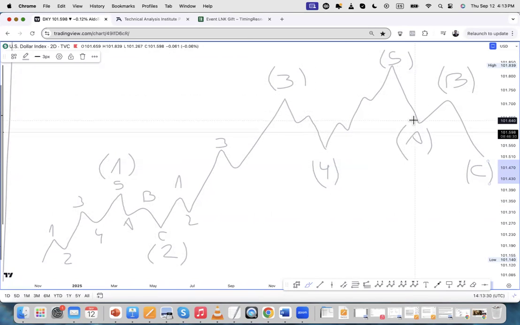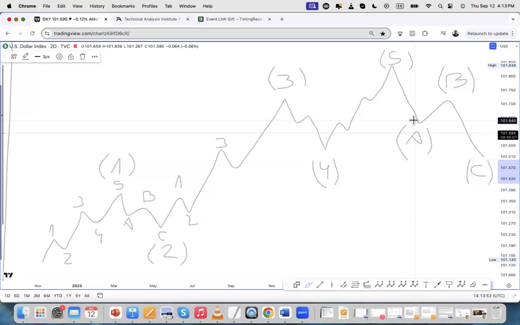So when we have the clean definition that the 5-wave structure followed by 3-wave corrections give us for the trend, then our job is to differentiate when there are 5s and when there are 3s. And this is a lot simpler than it sounds when we see the markets.